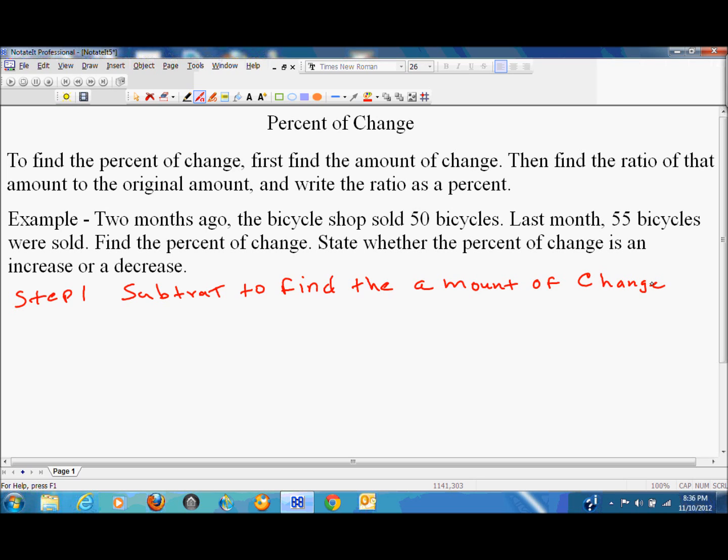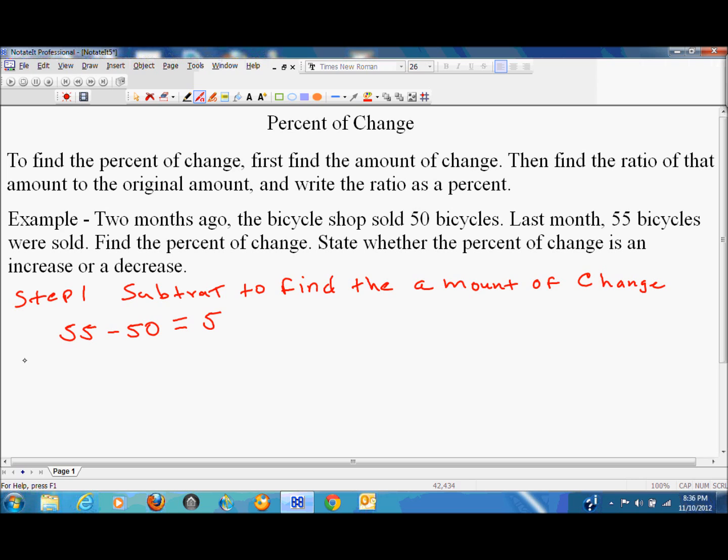Okay, so what are we going to subtract? We're going to subtract 50 from 55 because last month there was 55 bikes sold, so we have 55, and 2 months ago there were 50. Okay, so that's going to tell us a difference in 5 bikes.